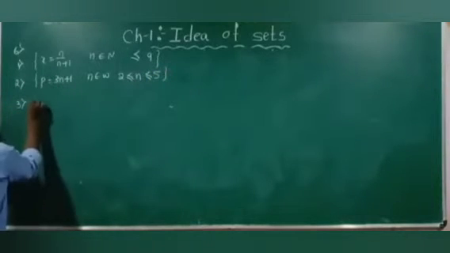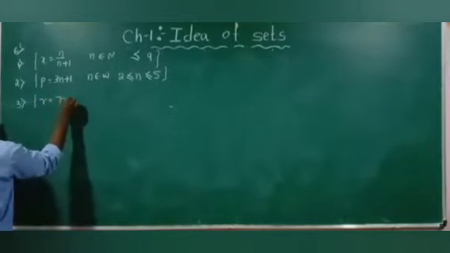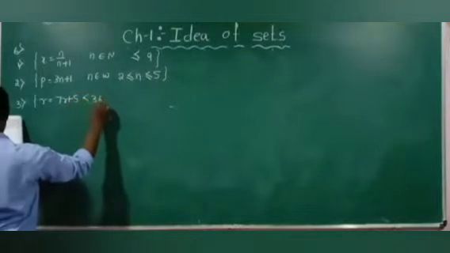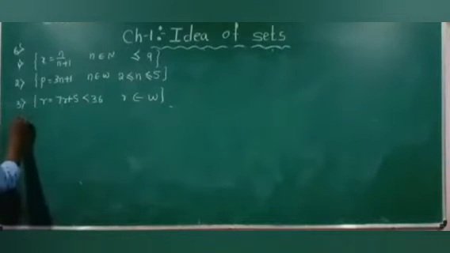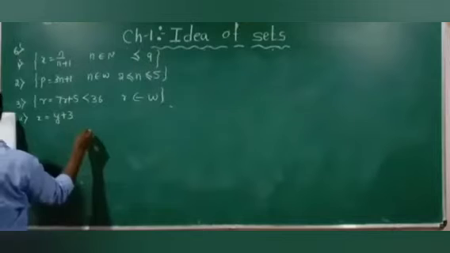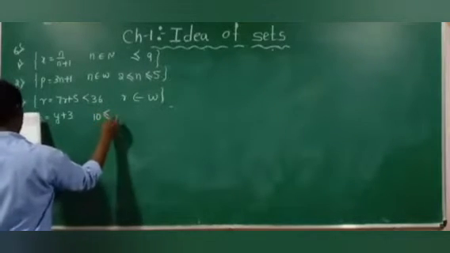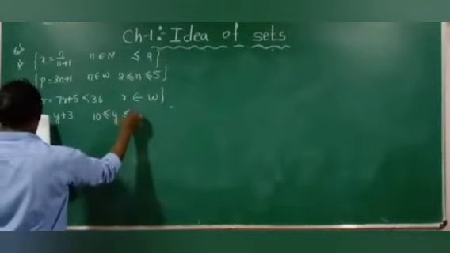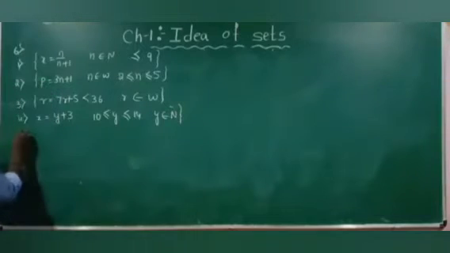Third one, r is equal to 7r plus 5, which is less than 36, where r belongs to whole numbers. Fourth one, x is equal to y plus 3, where y is greater than or equal to 10 and less than or equal to 14, and y belongs to natural numbers.